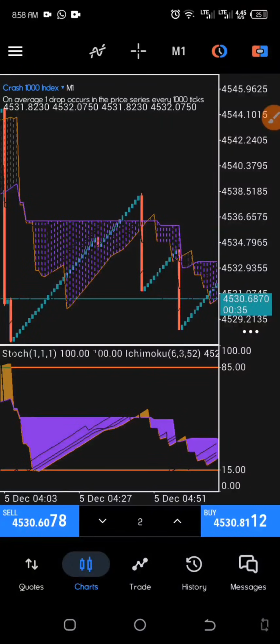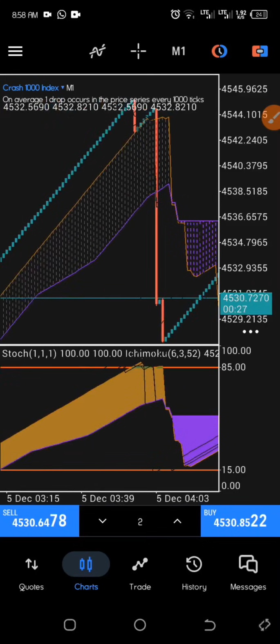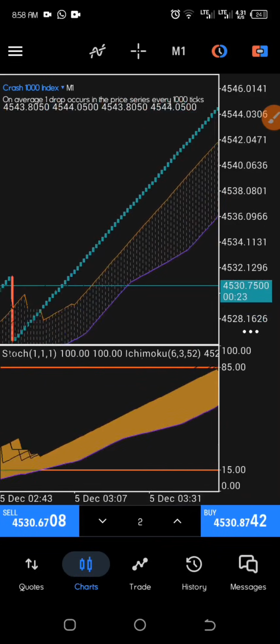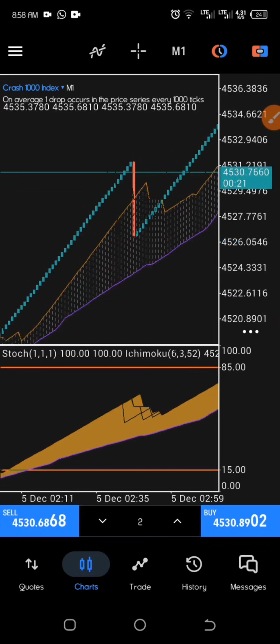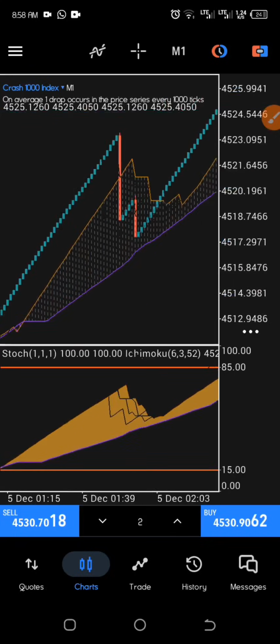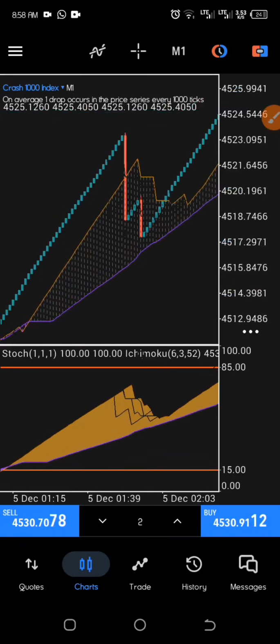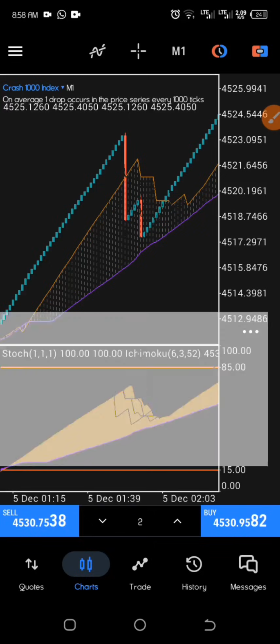So in today's video we are going to be looking at this Boom and Crash scalping strategy. Of course, I'm supposed to show you guys the trade that we took using this exact strategy, but this strategy was sent to us by one of our members, and he said this strategy is very effective, and that out of your 10 trades you will be able to catch 8 to 9 profitable trades.